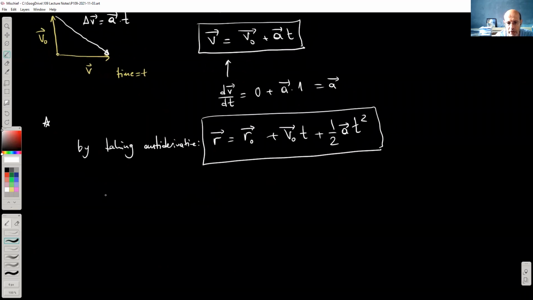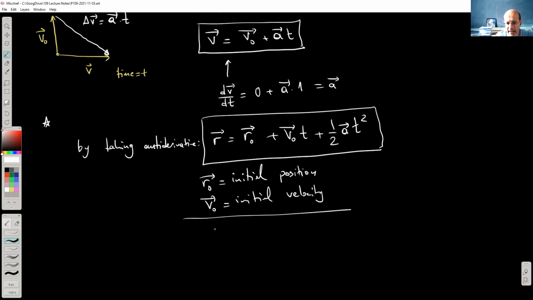Okay. So in all of these cases, all right, R0 is the initial position, and V0 is the initial velocity.